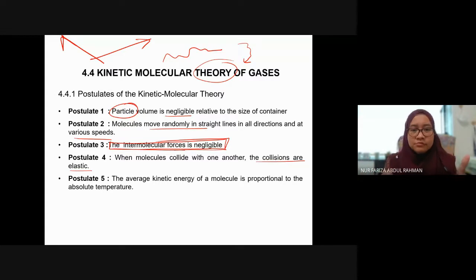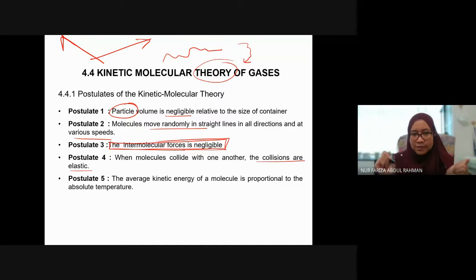Kenapa dia macam tu? It's because of the intermolecular forces is negligible. Kita abaikan. Right? Kalau dia ada attraction tu, imagine bila dia collide, so dia attach. Bila dia attach, of course the energy and whatnot semua akan jadi different lah. Ataupun dia collide, dia bounce back but ada loss of energy. So that is what we call inelastic lah. Those two yang saya mention tadi.